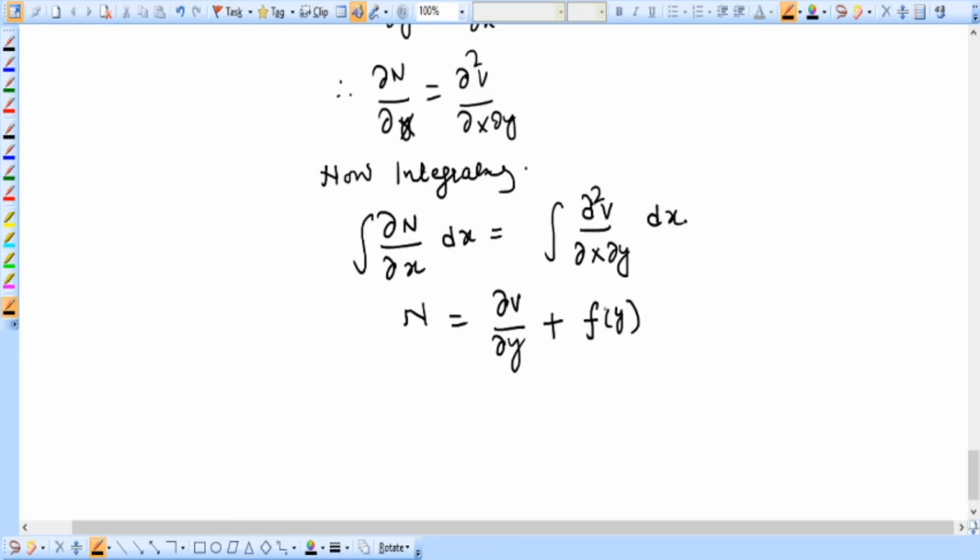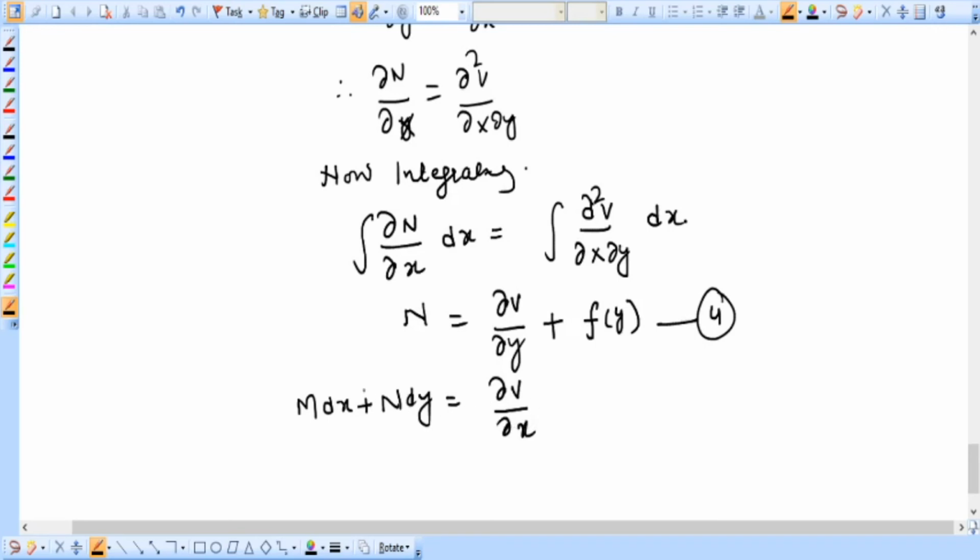Now give this equation number 4. Now m dx plus n dy would be equal to what? From equation number 3, m was equal to curly v over curly x.